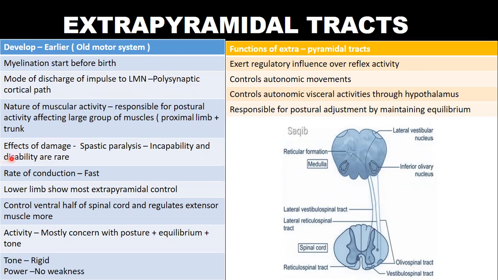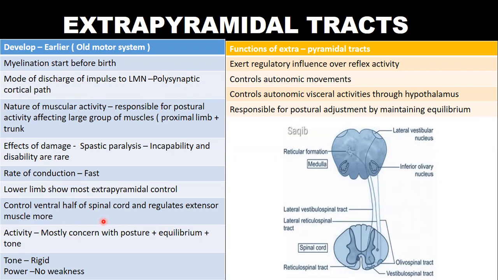Coming to the effects of damage, it produces spastic paralysis, which is due to a release phenomenon, and incapability and disability are less or rare, whereas in the pyramidal it is more. Rate of conduction is fast, in pyramidal it is slow. Lower limb shows most extrapyramidal control, whereas in the pyramidal tract the upper limb shows most control.